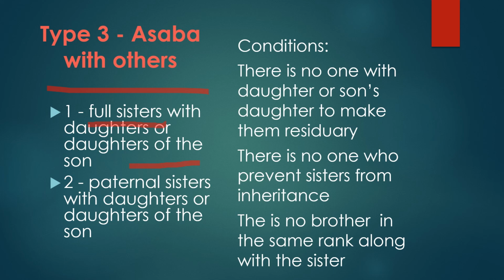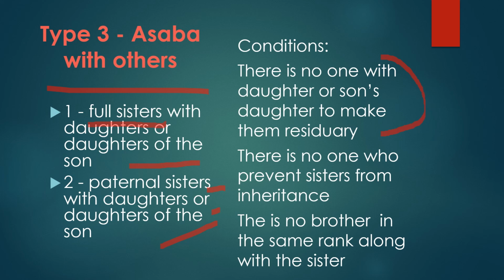And the second team is paternal sisters with daughters or daughters of the son. So there are certain conditions to be asaba with others to inherit. That is, there is no one with the daughter or sons to make them residuary. We said the daughter will be made residuary when the son is there, and the daughter of the son will be made residuary by the son of the son.